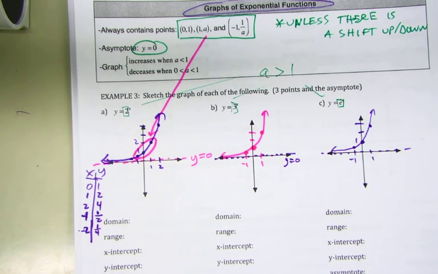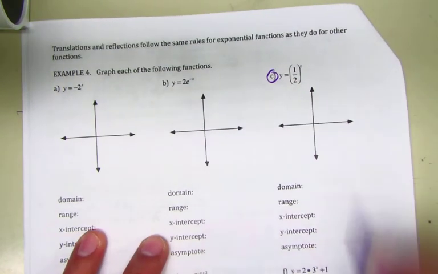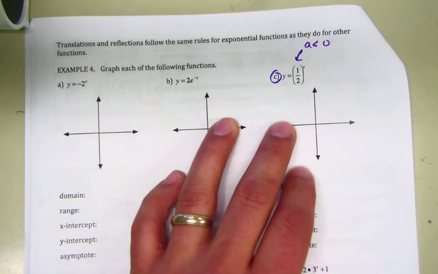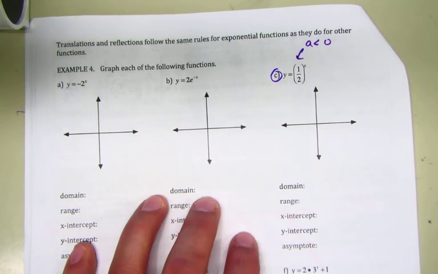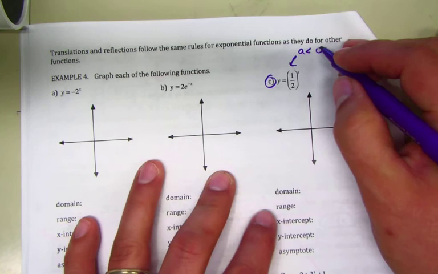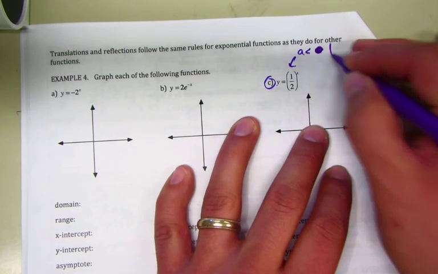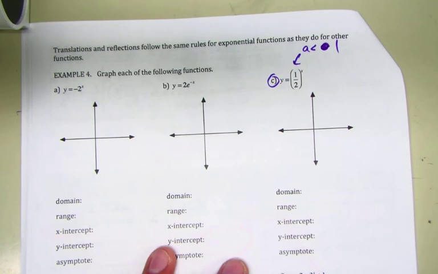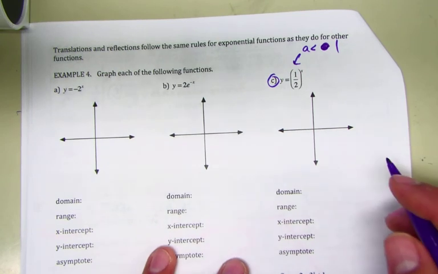Okay? If we flip the page real quick and look at something like C, here now we have A is less than 0. Okay, we still have a positive, which is a requirement, but, oh, sorry, what do I mean? Not less than 0. It's less than 1. It's still positive. It's less than 1, though. If you take a look at that graph, what happens?